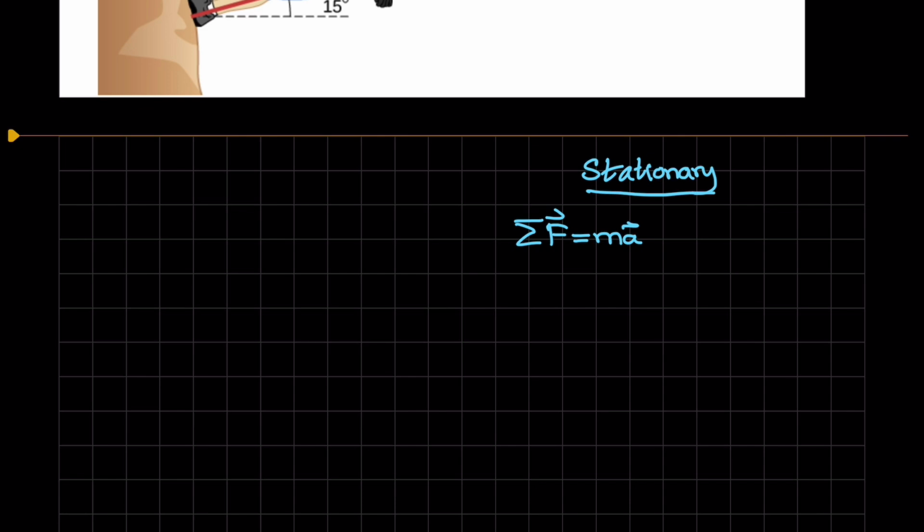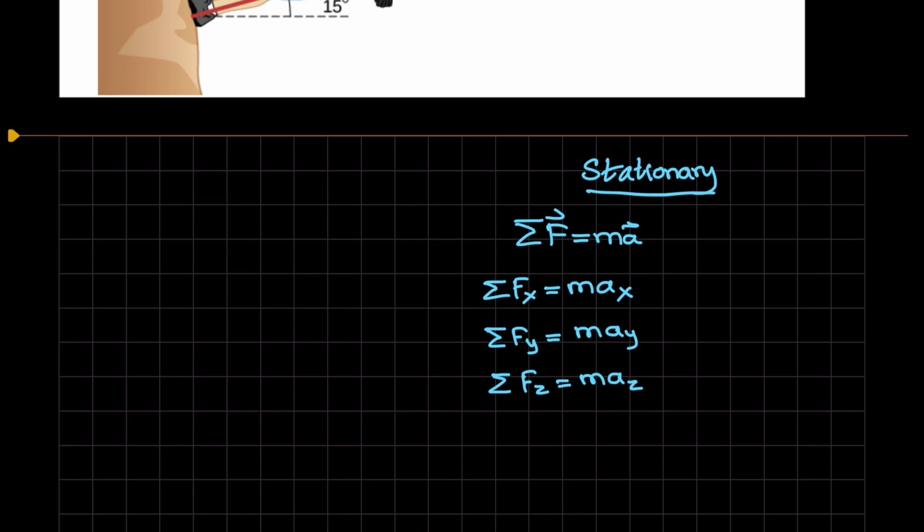So when you write F equals ma, what we really mean is we want to sum forces in the x direction, set that equal to the mass times the acceleration in the x direction, sum the forces in the y direction, mass times acceleration in the y, sum the forces in the z direction, and mass times acceleration in the z direction.